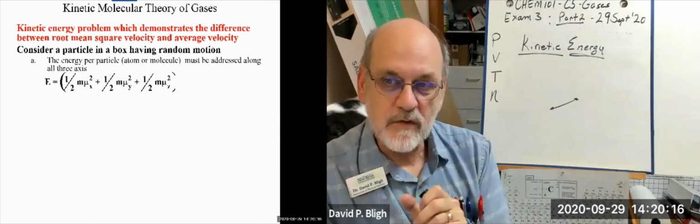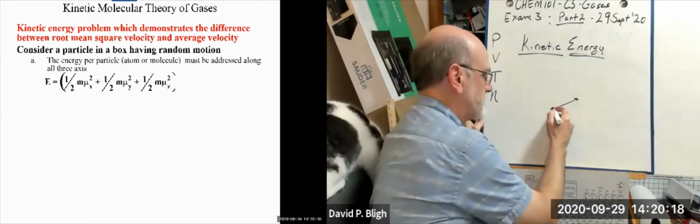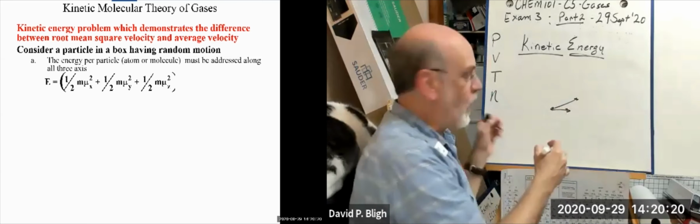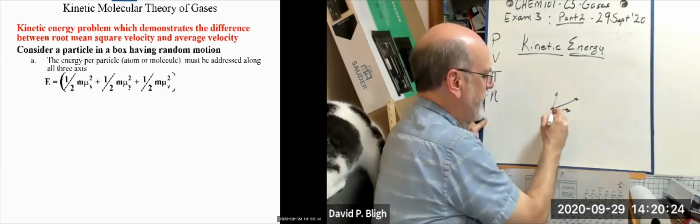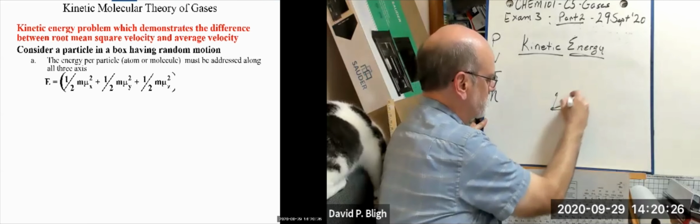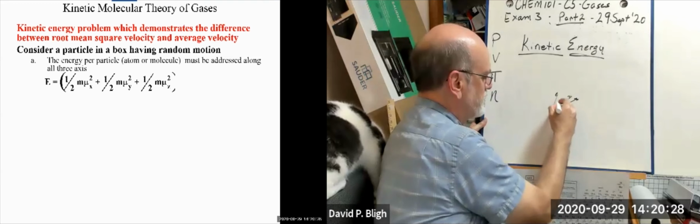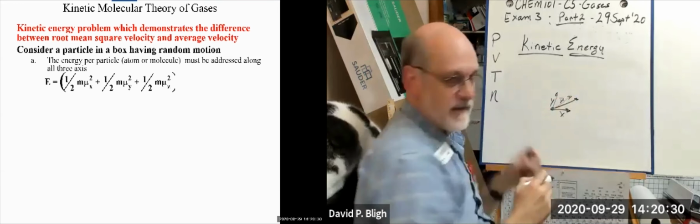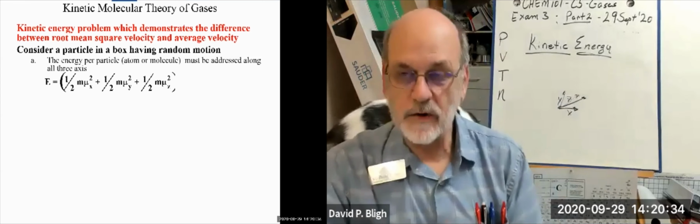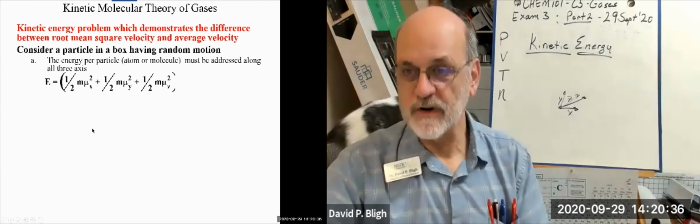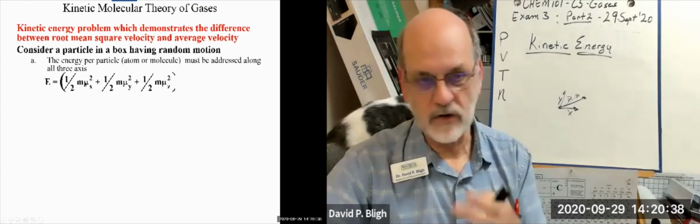How fast is it moving in the x direction? How fast in the y direction? How fast in the z direction? X, Y, Z. That's all that we're doing here. We're doing a vector analysis of the movement of that particle.